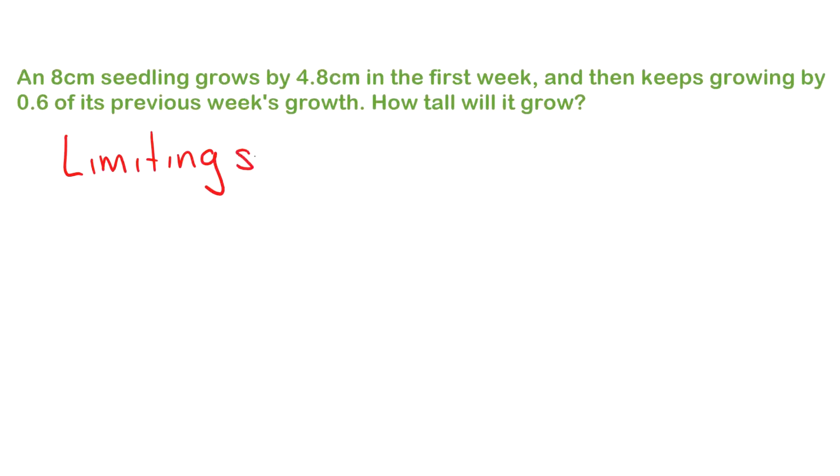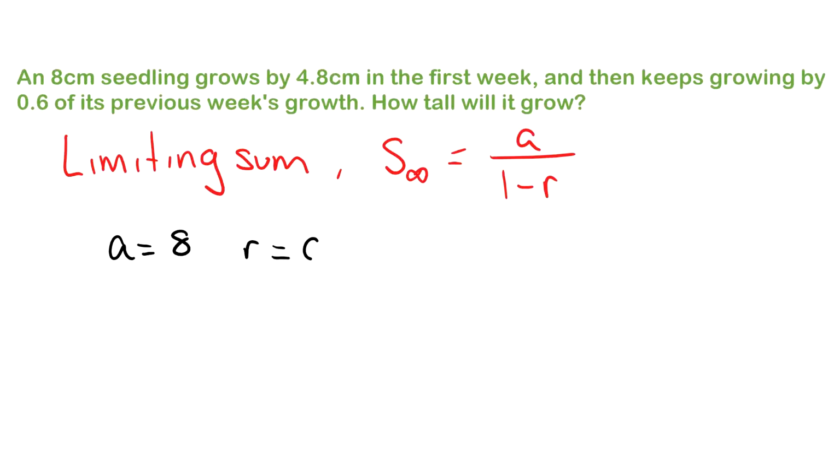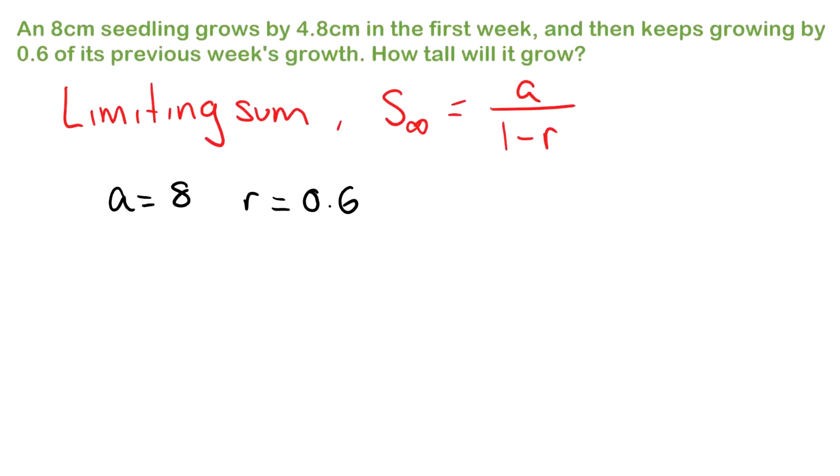Our limiting sum, which is represented by S to infinity, is A over 1 minus R, where A is your starting value and R is our change. In our case, A is 4.8 centimeters, the first week's growth, and R is the 0.6 or 60% that it's growing every week.